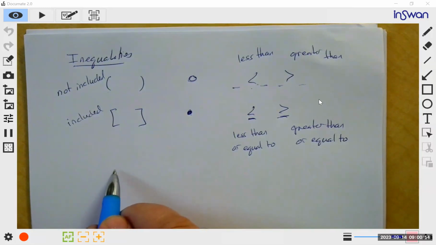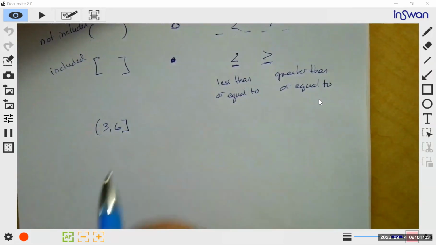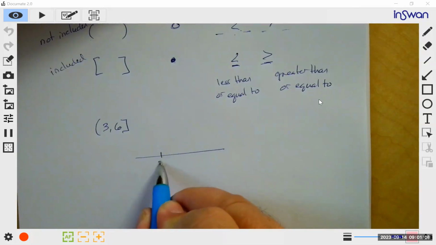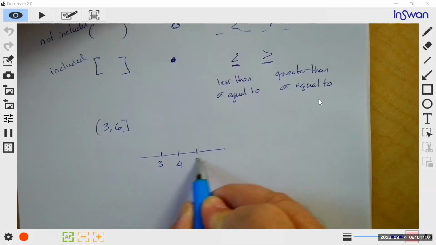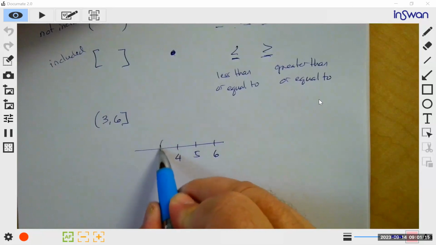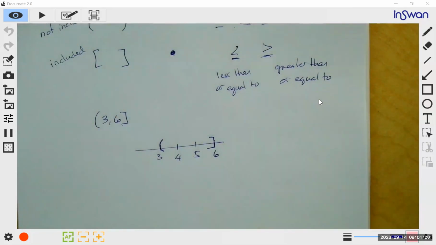For example, on a graph, what this one says, if I ask you to list the numbers, in this one, you would give me 4, 5, and 6.